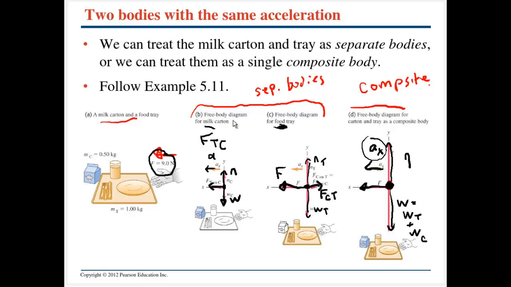The force of the tray on the carton and the force of the carton on the tray are an action-reaction pair, so they're equal in opposite directions. Still, at the end of the day, I can apply this acceleration to either one of those two guys and solve for the force of the tray on the carton, which would also be the carton on the tray.